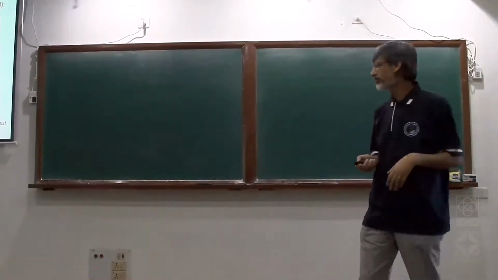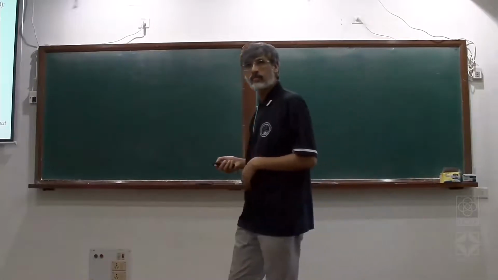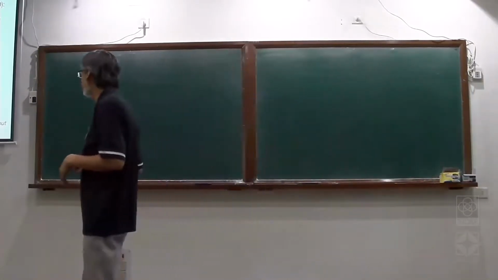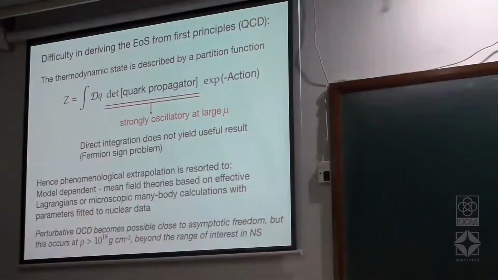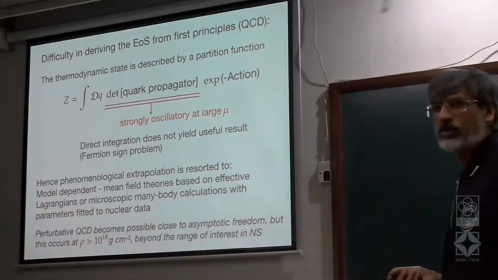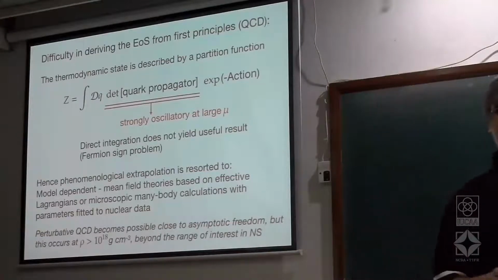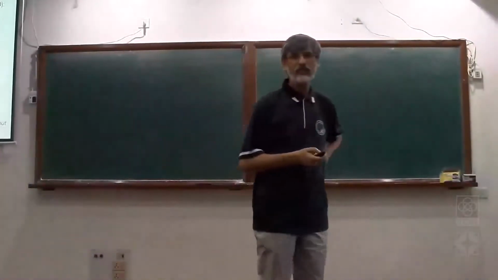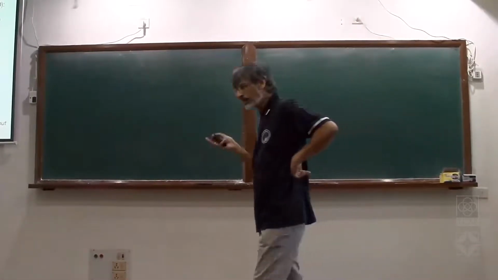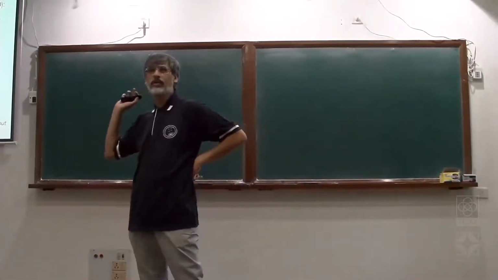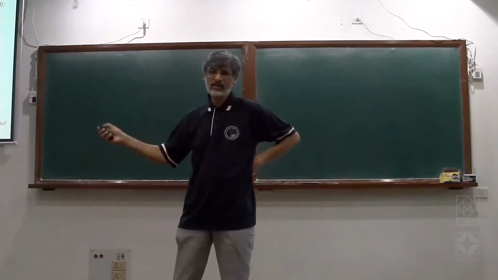But how do we know that it cannot reach? Yeah, if you put 10 to the 18 grams per cubic centimeter, then you will find that you are well beyond the maximum mass. So you will not be able to support a neutron star with that kind of matter. But this is assuming it's purely quark matter, right? No. Actually, you take any equation of state, you extrapolate it to 10 to the 18, and then try to create a neutron star.